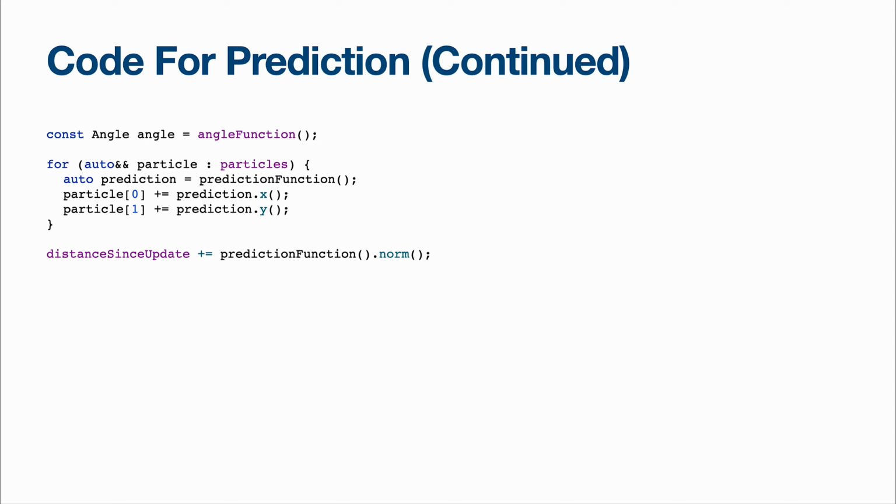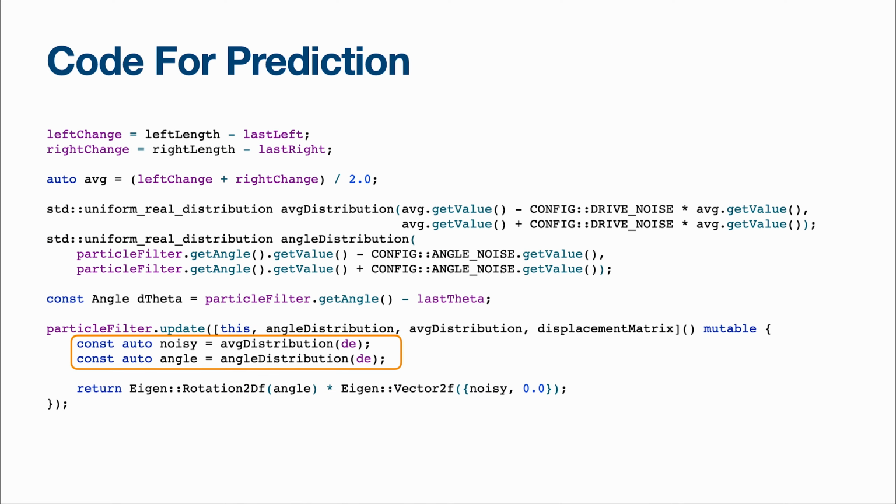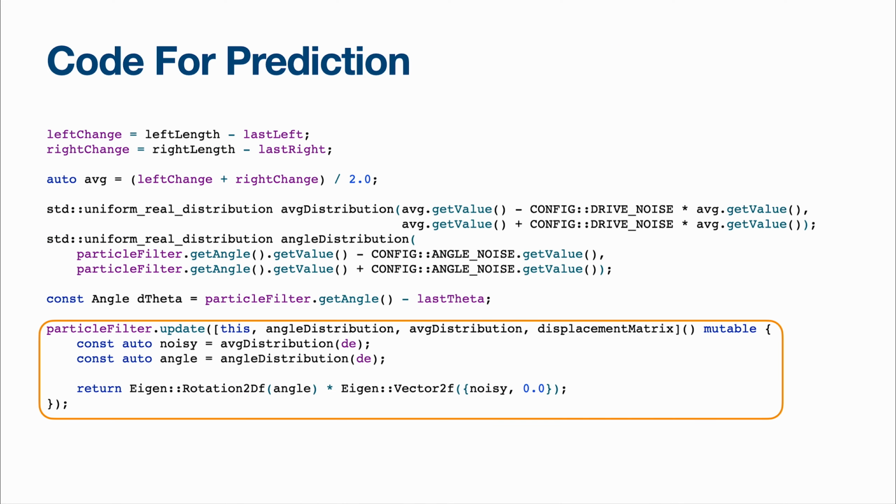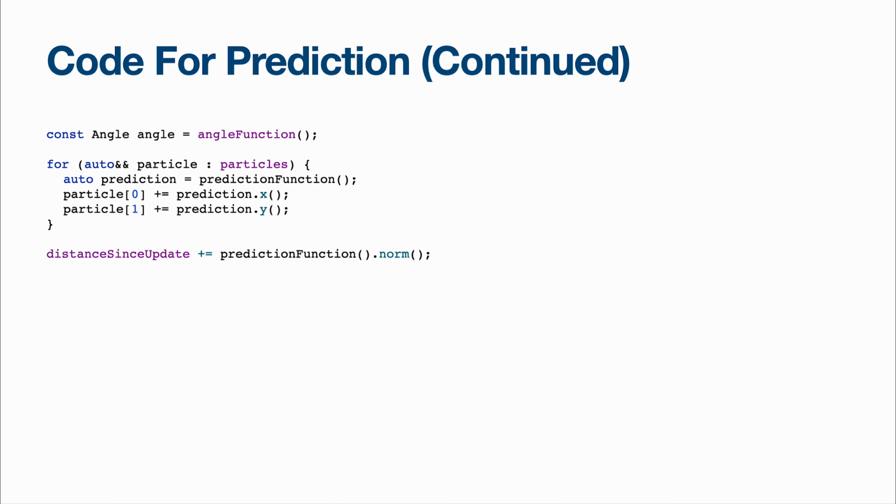And then the last part for prediction is how I update each of the individual particles. So I have this prediction function here. This is what that dot update is. It's actually a function that I pass in that the code later uses to update the particles.